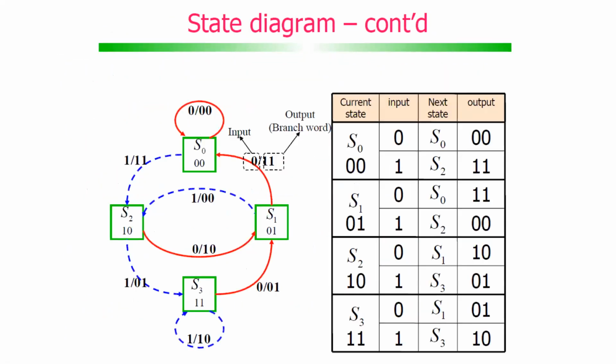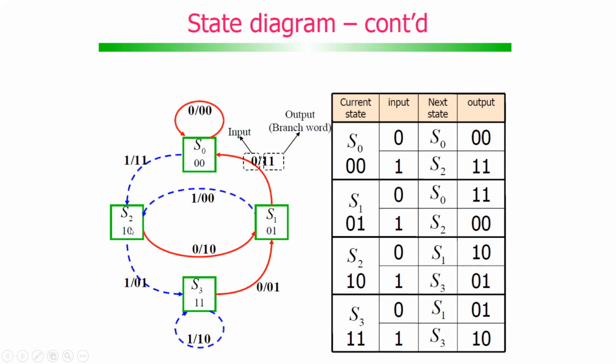Okay, let me show you the state diagram here. So if the initial state is 0, 0, if 0 input comes, the output will be 0, 0 and it remains in S0 only. But if the initial state is 0, 0, input bit 1 comes, next state will be 1, 0 and the output will be 1, 1, right?